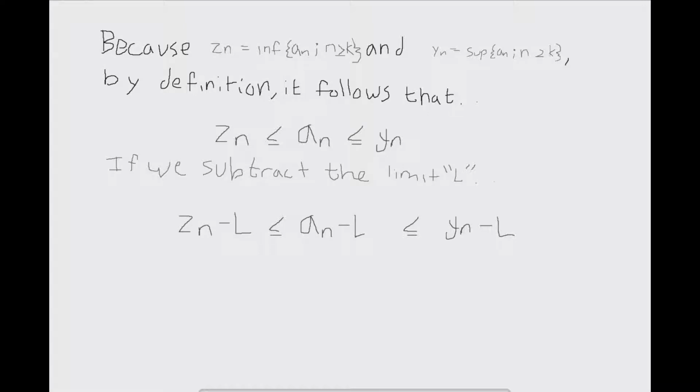So because z sub n is equal to the inf of a sub n, and y sub n is equal to the sup of a sub n, by definition of inf and sup, z sub n is less than or equal to a sub n, which is less than or equal to y sub n. So if we subtract L, the limit, from this inequality, we get z sub n minus L is less than or equal to a sub n minus L, which is less than or equal to y sub n minus L.